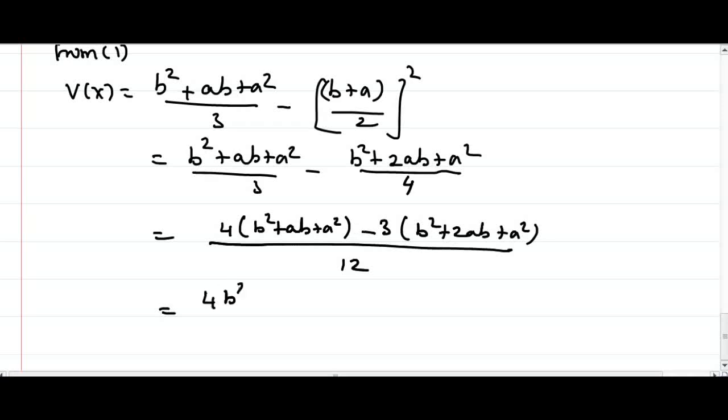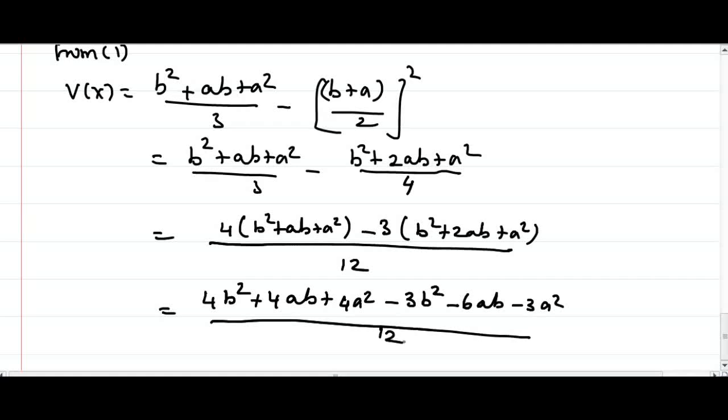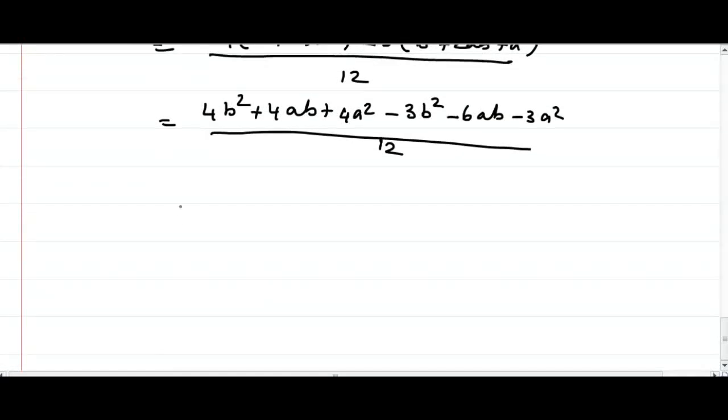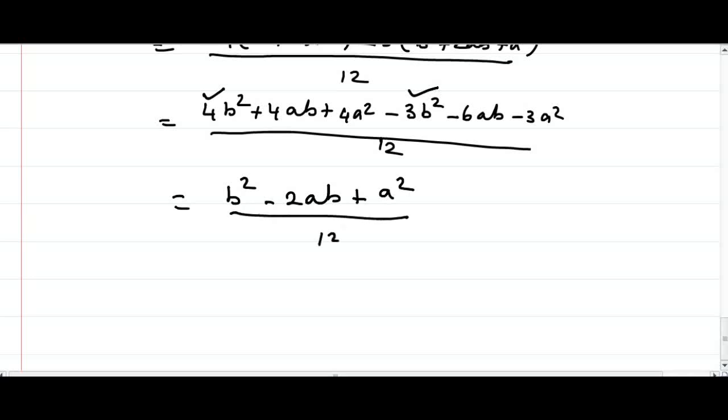So we get 4b square plus 4ab plus 4a square minus 3b square minus 6ab minus 3a square, by 12. Now simplify: 4b square minus 3b square gives b square. 4ab minus 6ab gives minus 2ab. 4a square minus 3a square gives only a square, by 12.